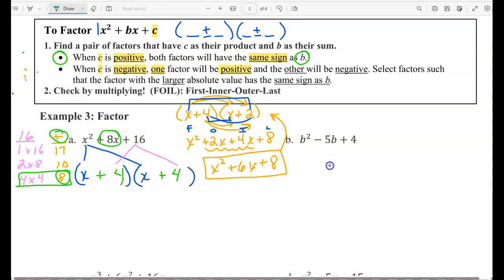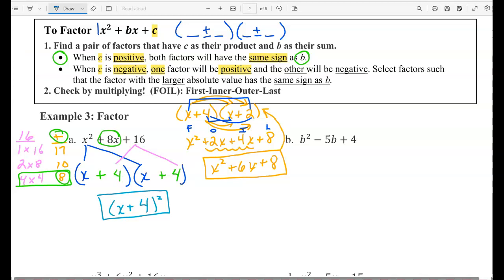We do notice that they're the exact same factors, so I'm going to take it one step further, and I'm going to write that as a square. Okay, so this factoring of a trinomial is a little bit more involved, but we can again check it by writing out the factors, distributing, combining like terms, and getting back to the original problem.